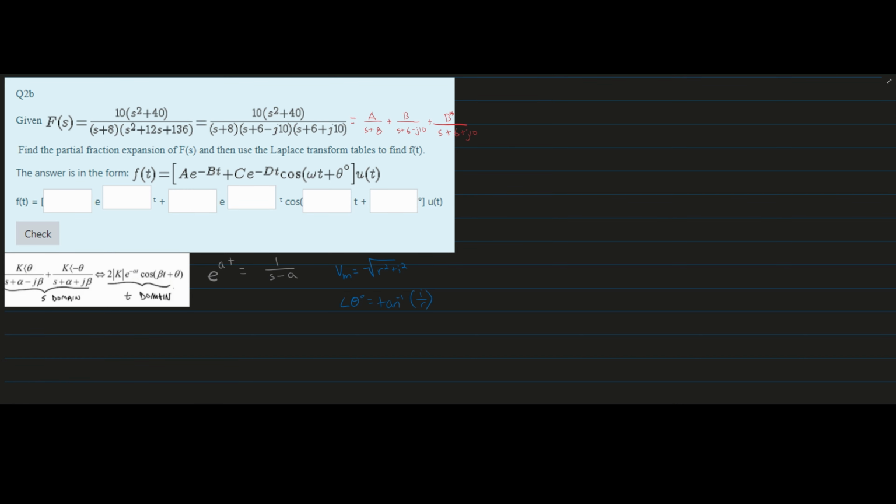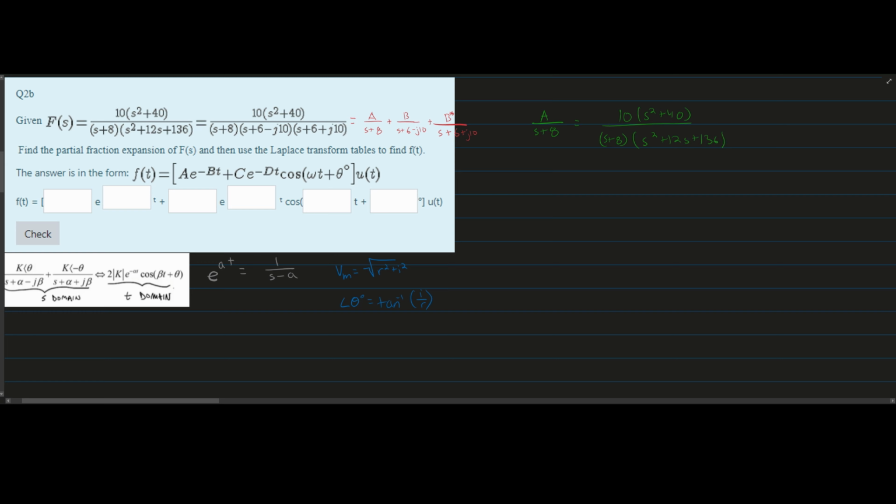Now we can use the Heaviside cover-up to find our A, B, and B star. So to find our A, I'm going to do this in green. We have A over our s plus 8, and it's equal to our entire equation, which is 10s squared plus 40, all over s plus 8. And instead of writing out the imaginary part right here, we can just write out the original part, so we're going to have s squared plus 12s plus 136.